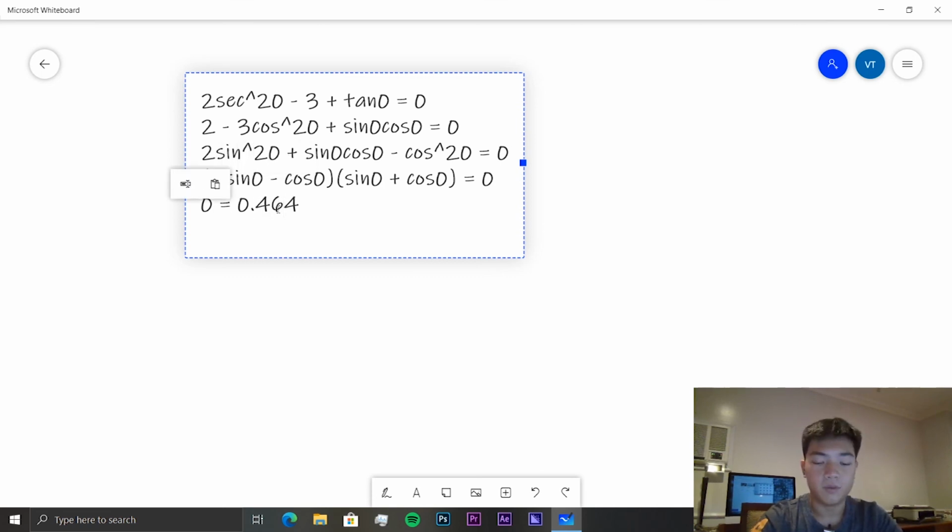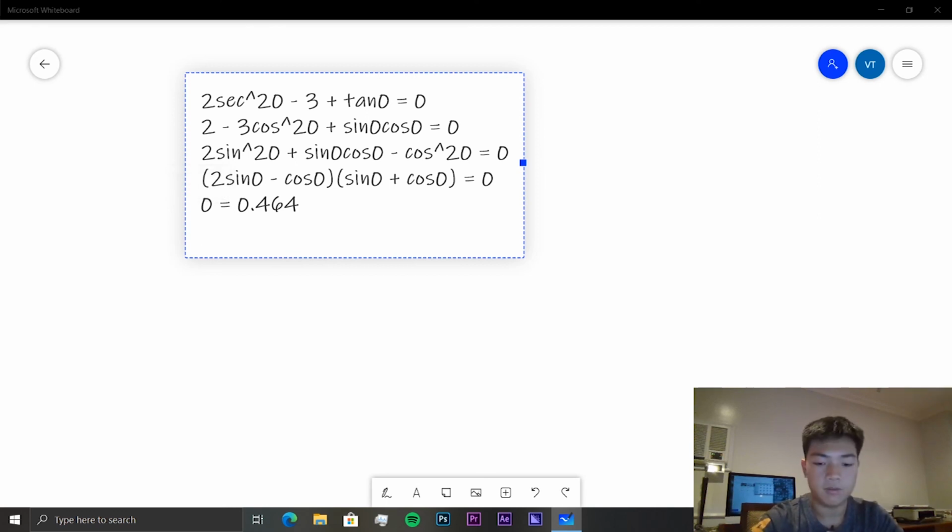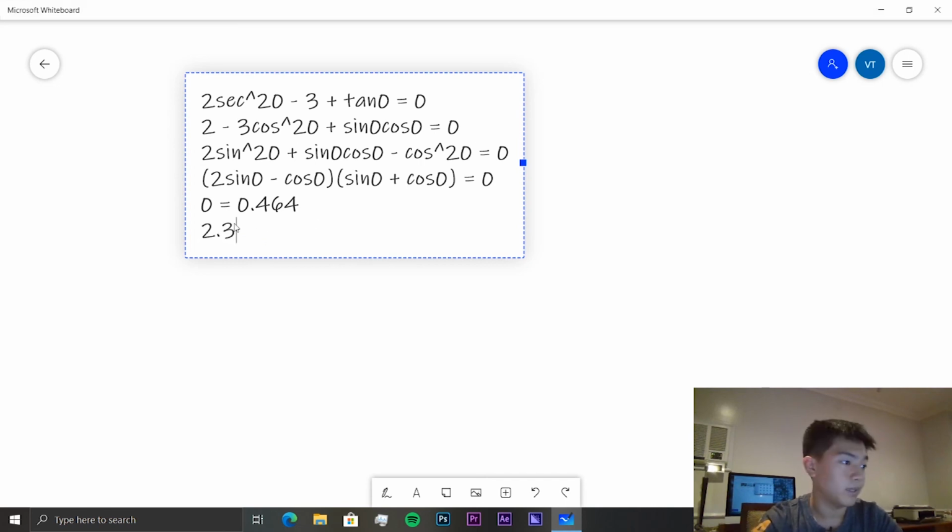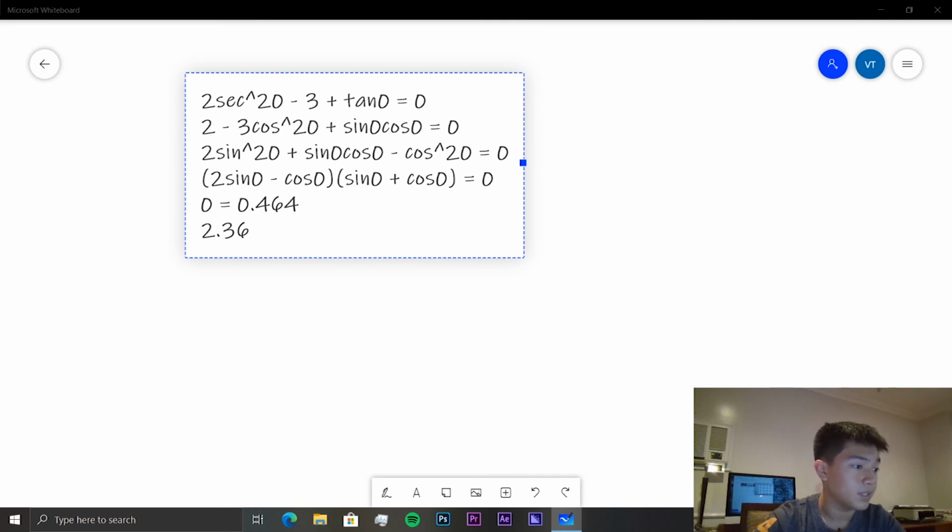The other value is for when tan theta is equal to -1, which happens at 3 pi over 4. So we have 2.36 as our other value. Those should be correct.